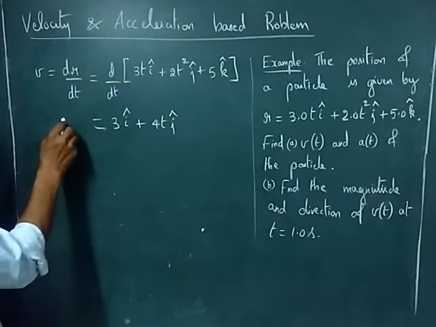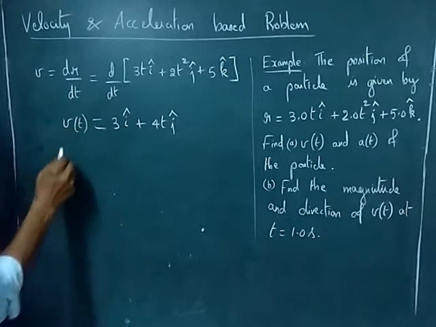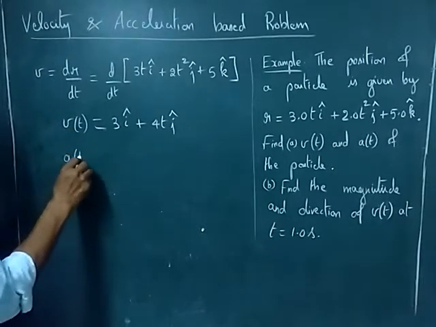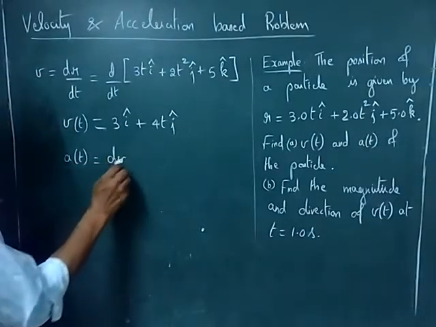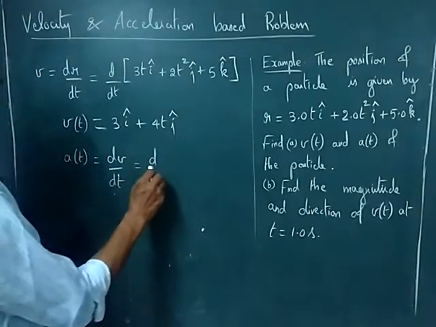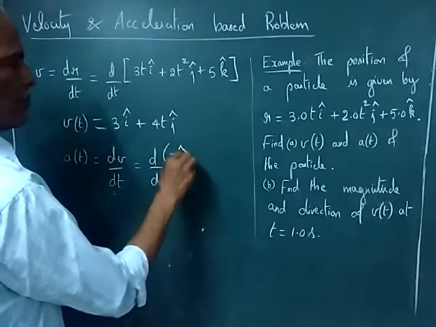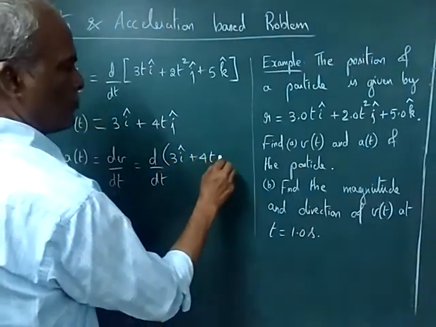So this is velocity. Now we want acceleration a of t, that is dv by dt, rate of change of velocity, that is d by dt of velocity. We have 3 i cap plus 4t j cap.